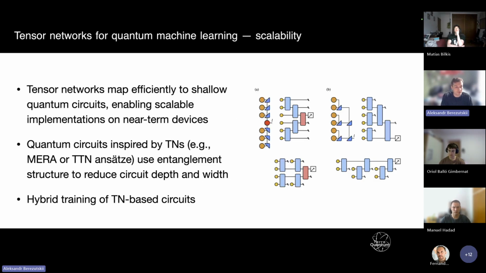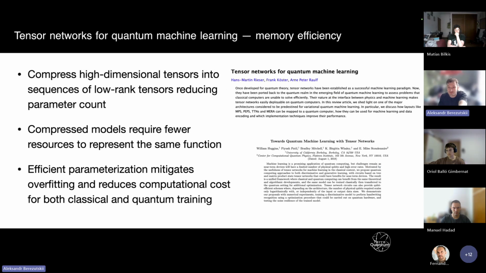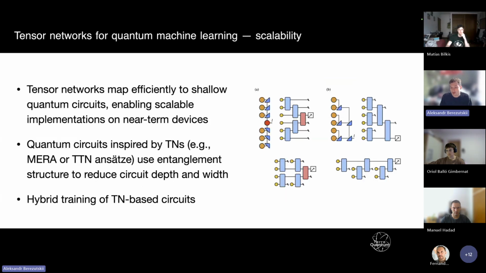And then the second thing was the correspondence of tensor networks to circuits. This graph on the right is taken from the first paper, from this review. The idea is that different tensor network models that come from quantum information, from quantum computing, map directly to quantum circuits, and so this gives you a one-to-one correspondence between the two.